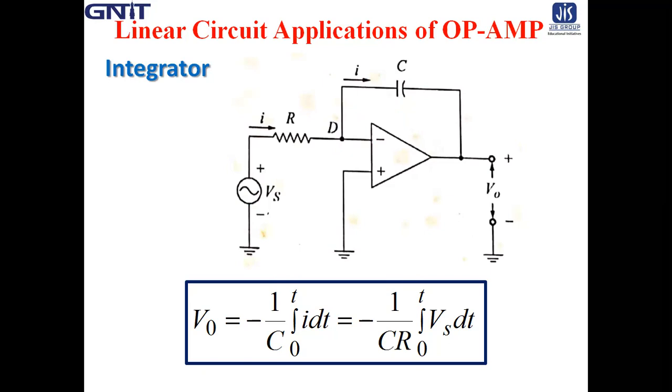The gain of the op-amp being infinity, again the point D is called the virtual ground.